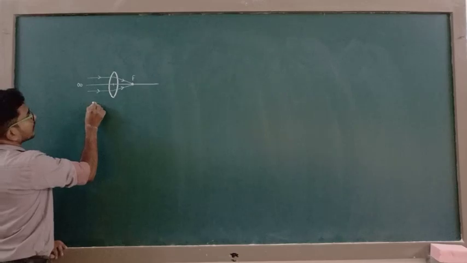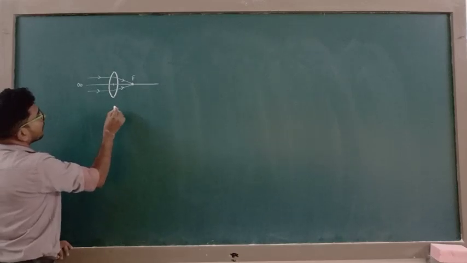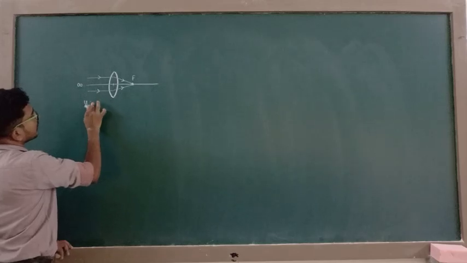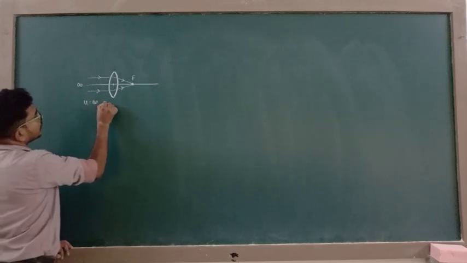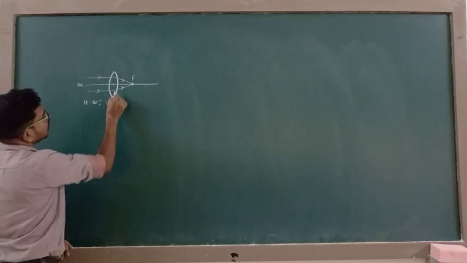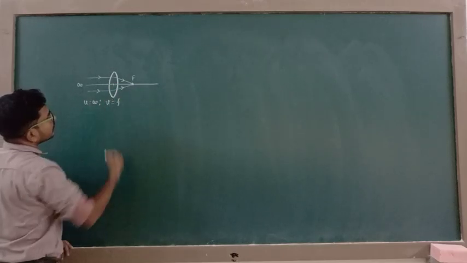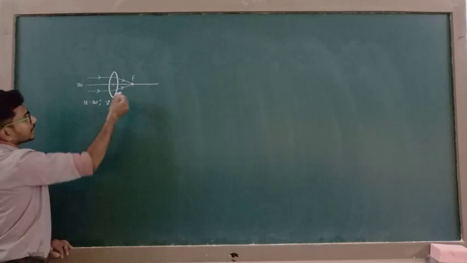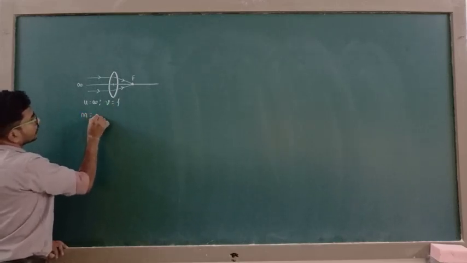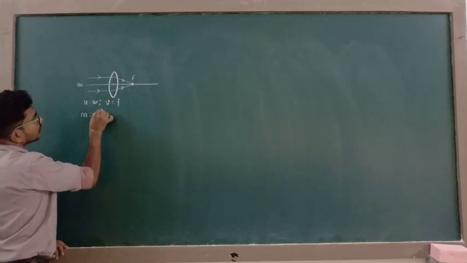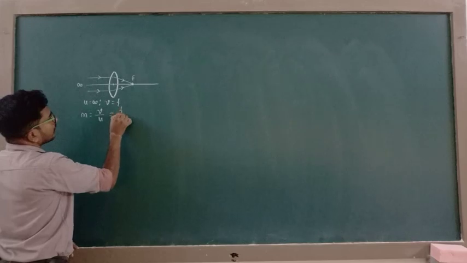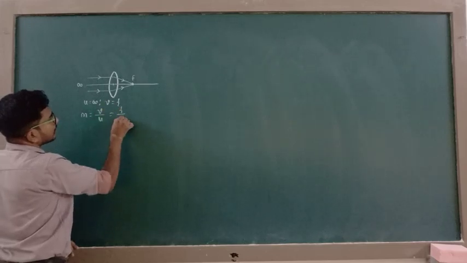So here u is equal to infinity, v is equal to focal length, then linear magnification m is equal to v by u. So f divided by infinity.